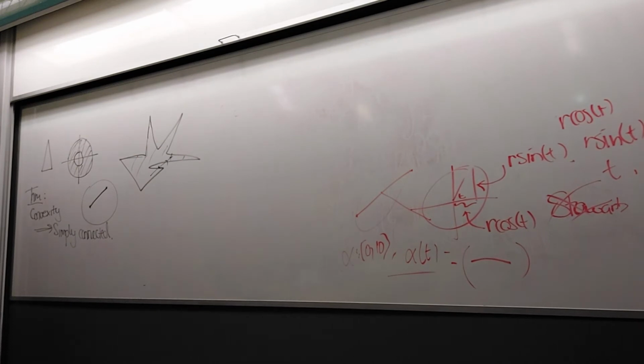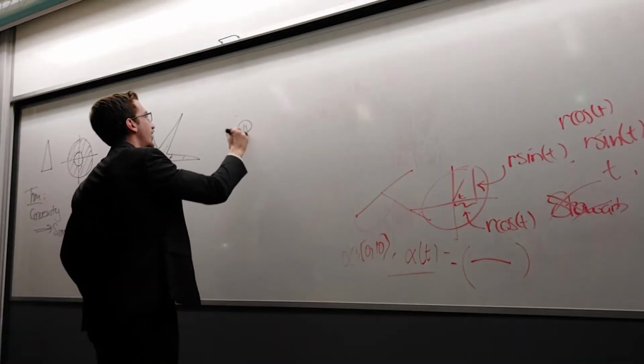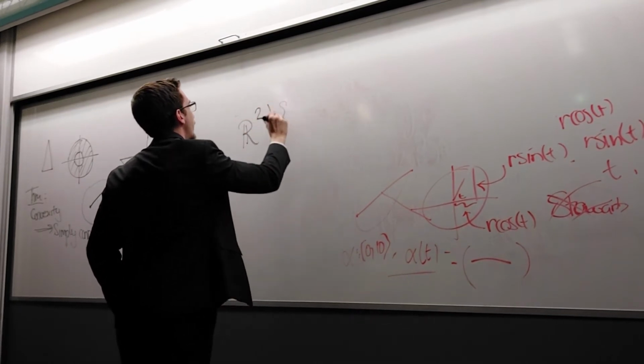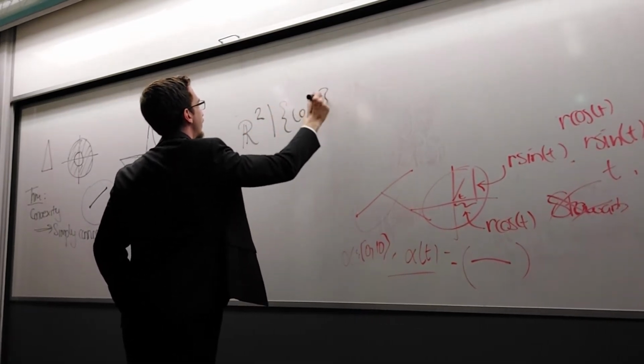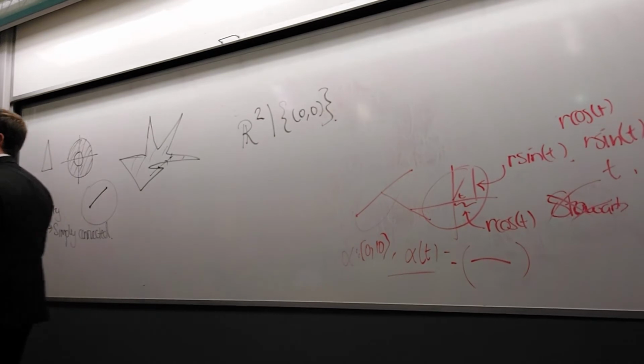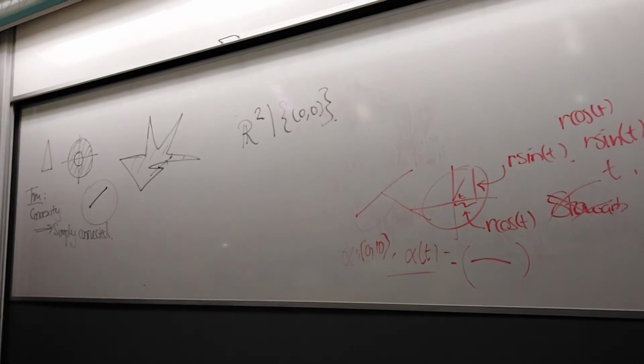Okay, so let me also mention that Euclidean space itself is simply connected. Euclidean space doesn't have any holes in it. What if I took R2 and I puncture it? It's called a punctured plane. Is that simply connected?